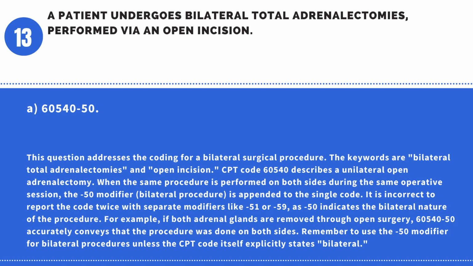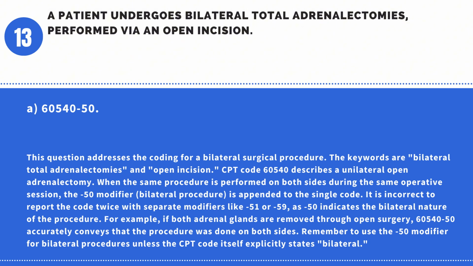60540-50. This question addresses the coding for a bilateral surgical procedure. The keywords are bilateral total adrenalectomies and open incision. CPT code 60540 describes a unilateral open adrenalectomy. When the same procedure is performed on both sides during the same operative session, the -50 modifier, bilateral procedure, is appended to the single code.